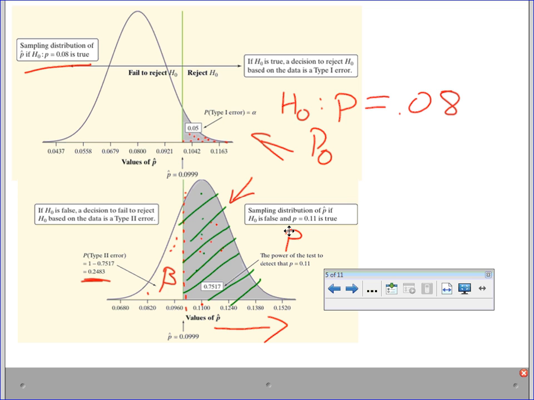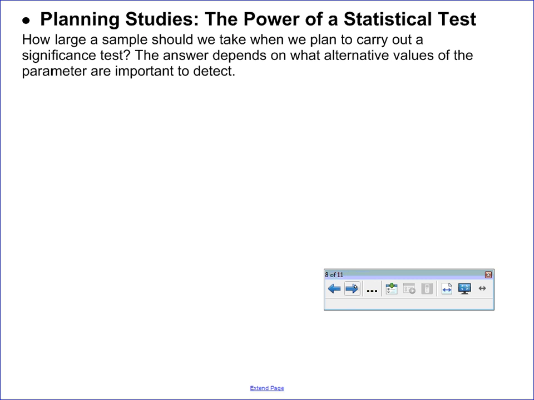It would be the same if it was a less than and it slid to the left. The other way we can increase the power of the test is by increasing the sampling size. Because when you increase the sampling size, it will make the distribution narrower, and therefore there'll be less area in beta. So those are the only two ways to increase the power of the test.